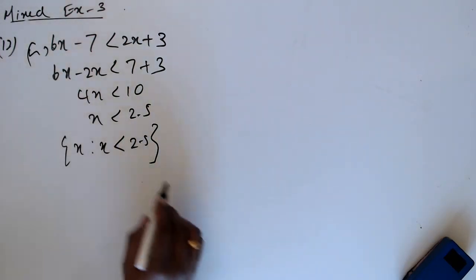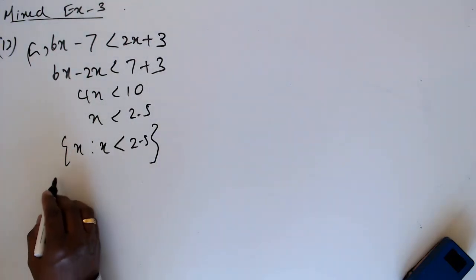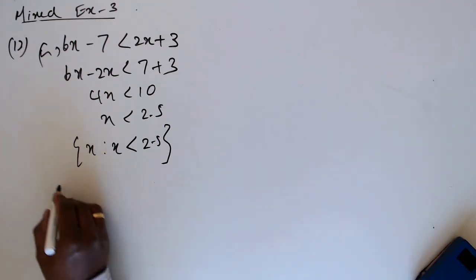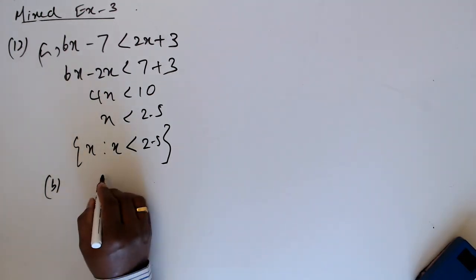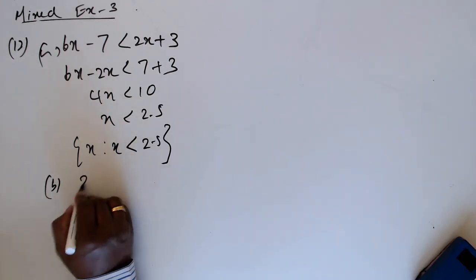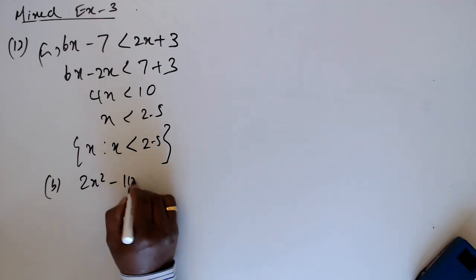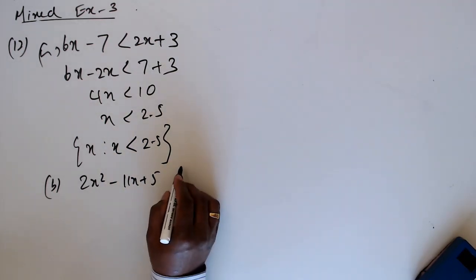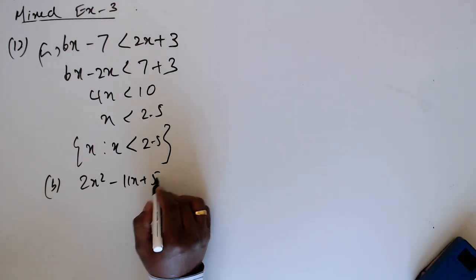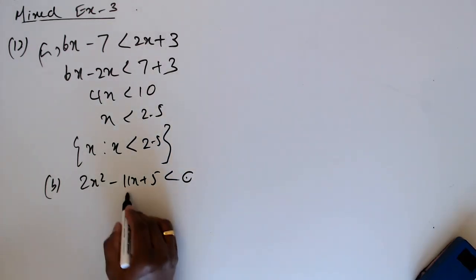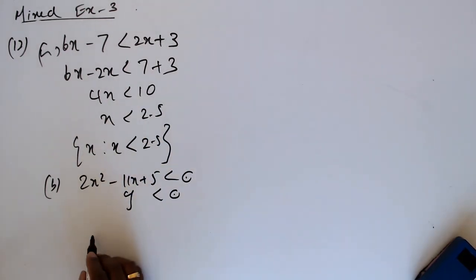This is part A. Part B: 2x square minus 11x plus 5 less than 0. y less than 0.